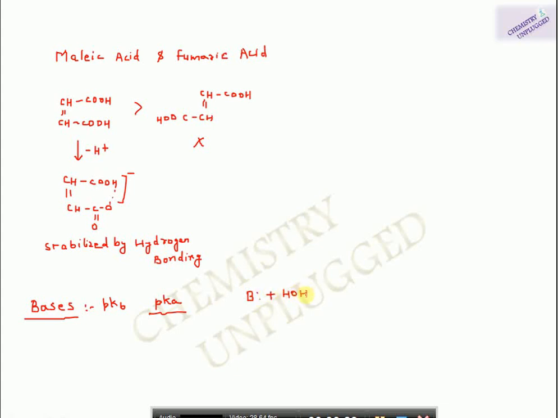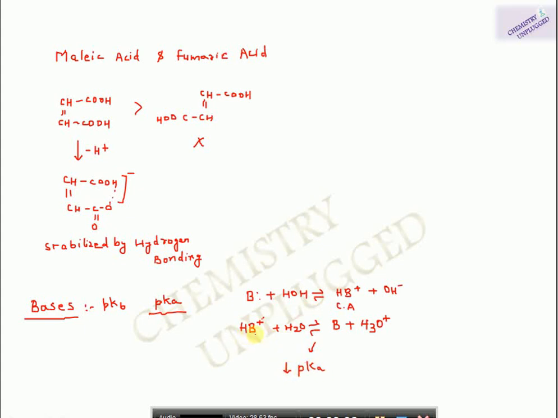When a base is combined with, suppose, water, or we dissolve a base in water, then there is formation of its conjugate acid and OH minus. So the value of pKa is for the conjugate acid of the base formed. If the value of pKa is low, then the acidic strength of the conjugate acid will be high, so the base will be weak in nature.